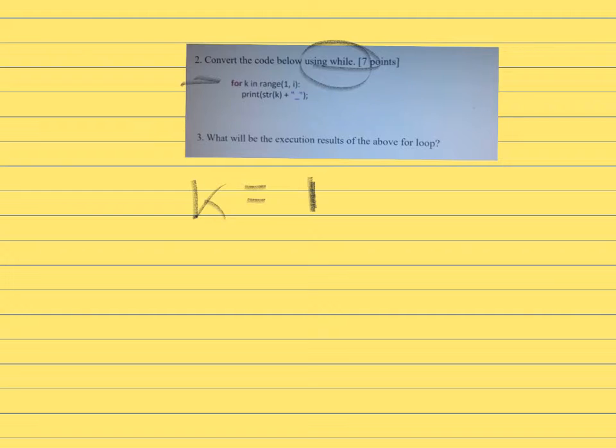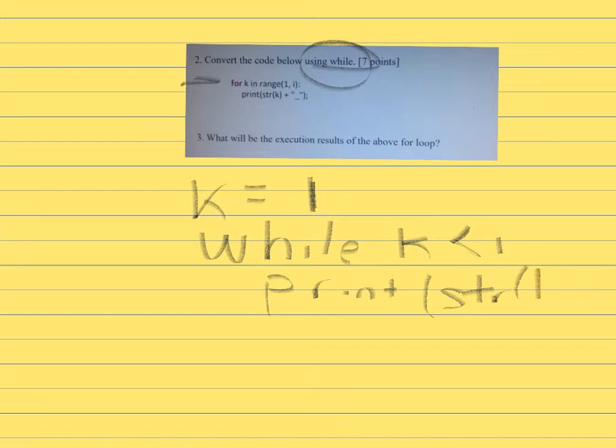Next step is we are going to put in the while statement. So while k is less than I, because I is the ending, print string k, I know this is not going to fit, plus underscore, and then we want to put in another iteration.